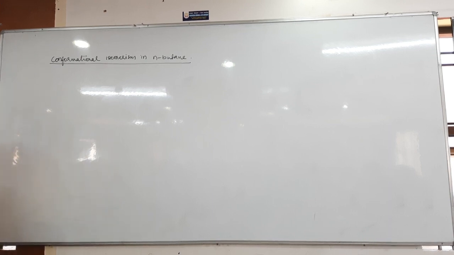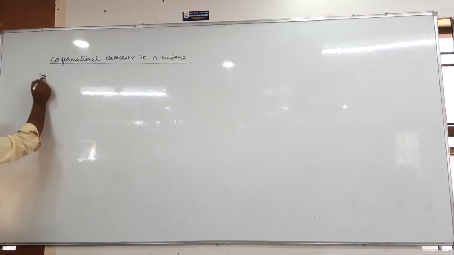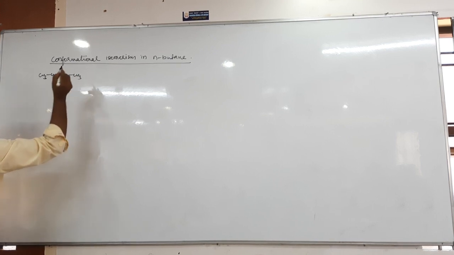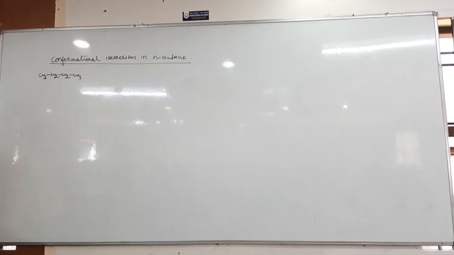Write down: conformational isomerism in n-butane. Tell me, what is n-butane? It contains 4 carbon atoms and has a normal, straight chain.